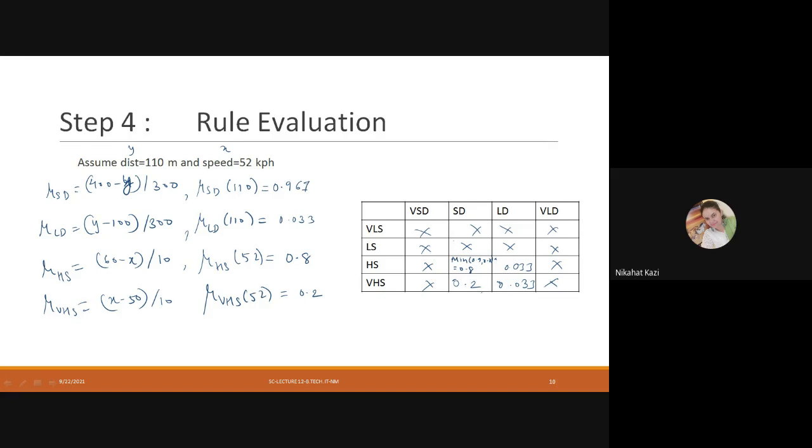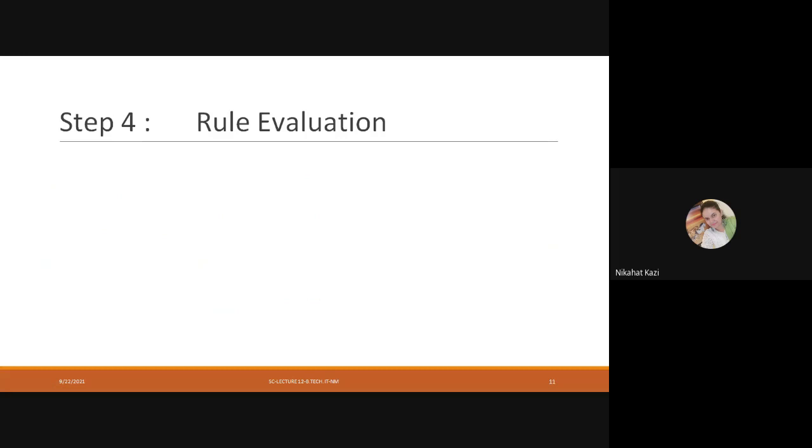So these are the values that we have got. Now what is the next step? Maximum. Yes, maximum for defuzzification you require. We finish that rule evaluation there only. So we need to find out the max of these values. So max of 0.8, 0.2, 0.033 and 0.033 is nothing but 0.8.